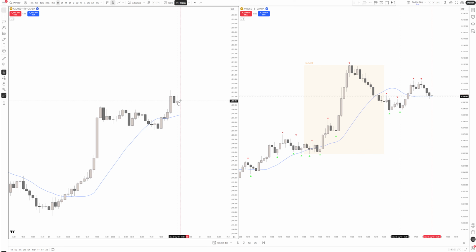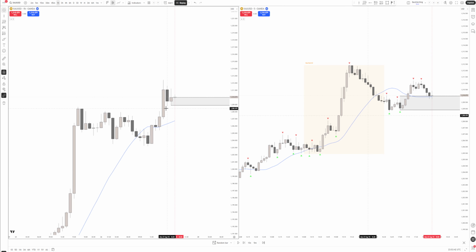The body is quite small, but we've got somewhat of bullish intention, but we've got sellers coming in. So if we were to look at this and say, well, I want to take this trade because I've been waiting for the last couple of hours, then it would be something like this.